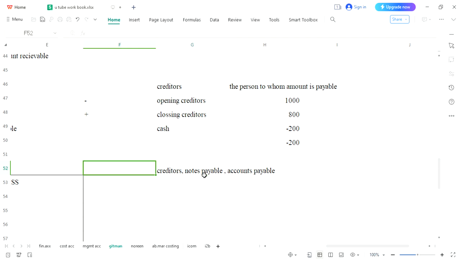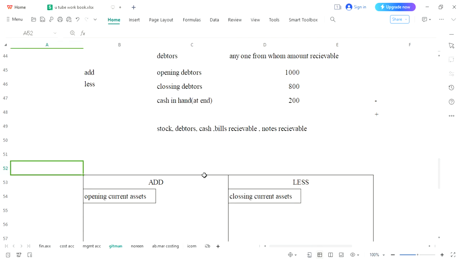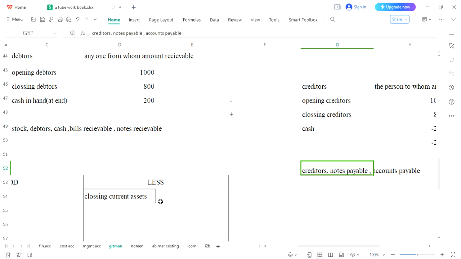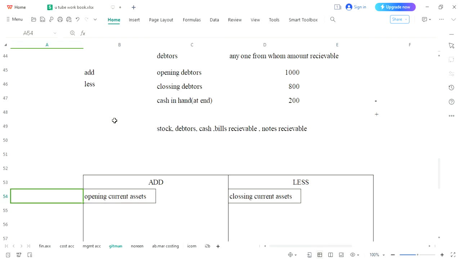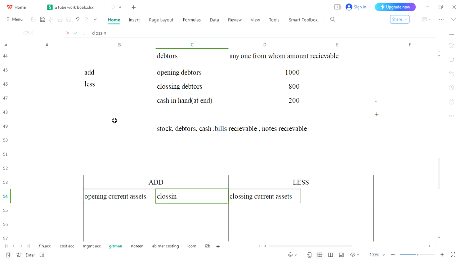We have decided that opening current assets are written on the adding side or plus side, and closing creditors or closing current liabilities have a plus sign. So we put a plus sign for closing current liabilities.